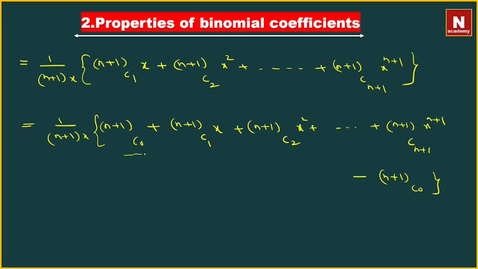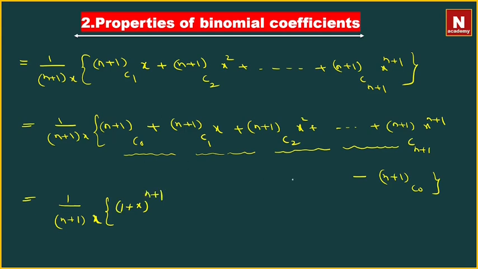Now up to here we can write this is one of the expansion. So 1 by n plus 1 into x, according to our property number 1, this is like C0 plus C1 x plus C2 x square and so on Cn. This can be written as 1 plus x whole power n plus 1.